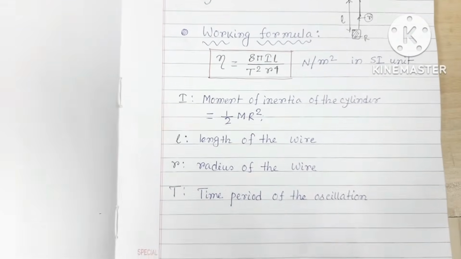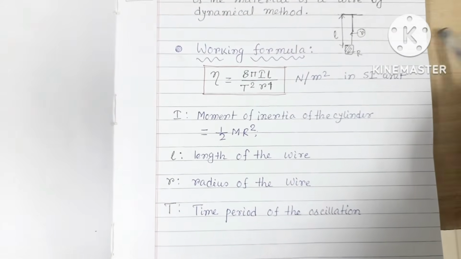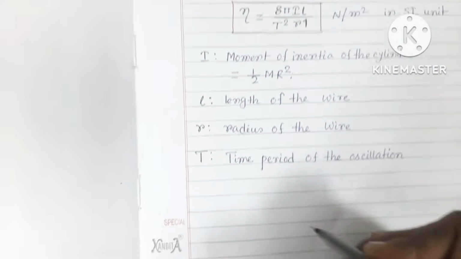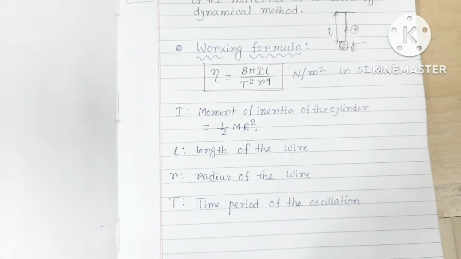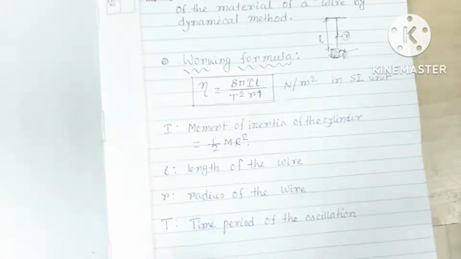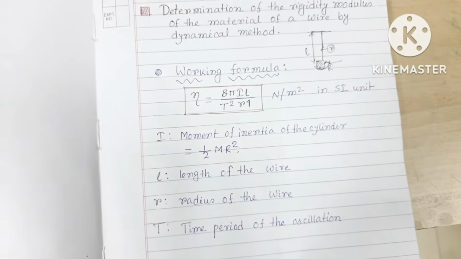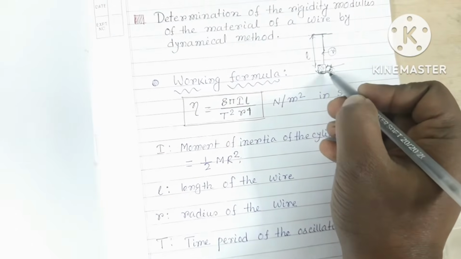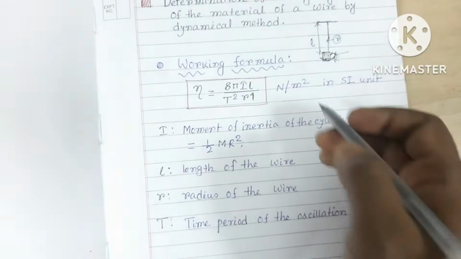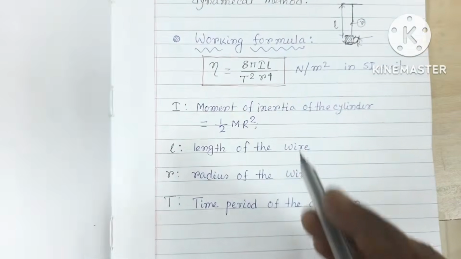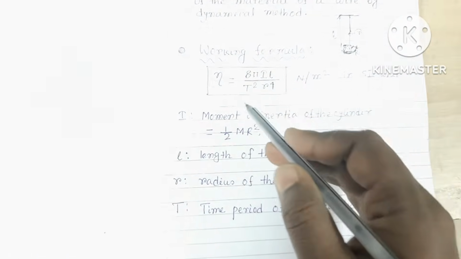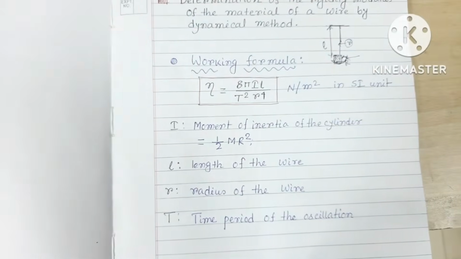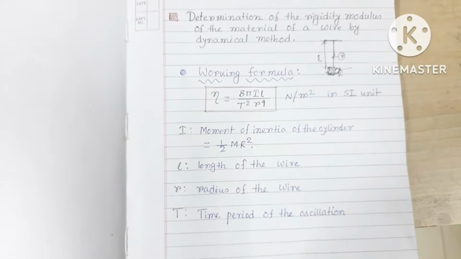And what is the T? When we make a twist of this cylinder, I will show you in detail later on. If I make a twist of this wire by rotating the cylinder through a small angle, it will oscillate. So this T is the period of oscillation, which we have to take. If we measure all these parameters, we can find out the rigidity modulus of the wire.